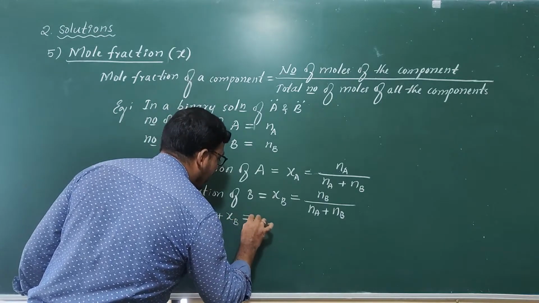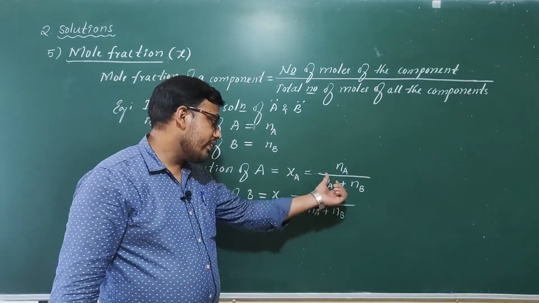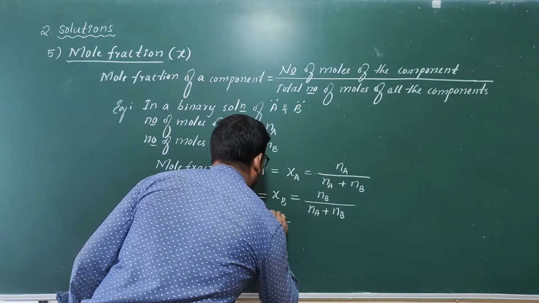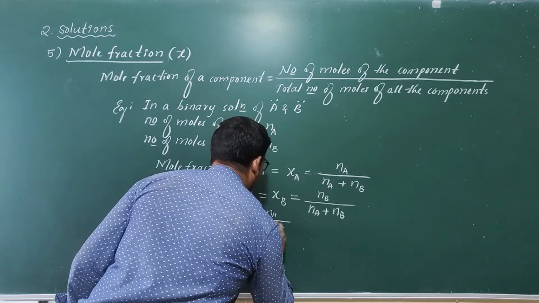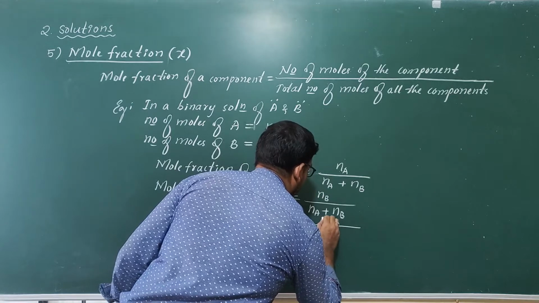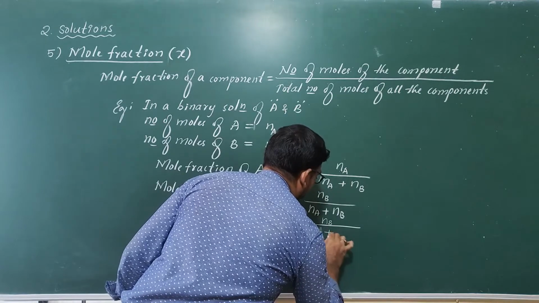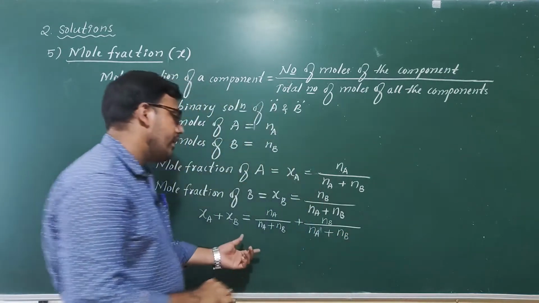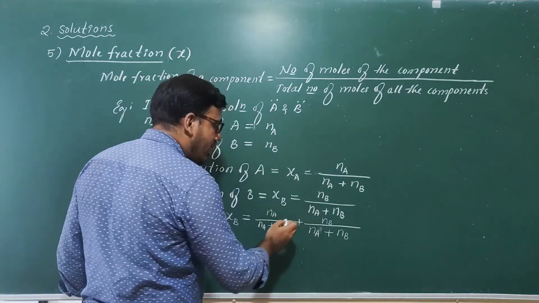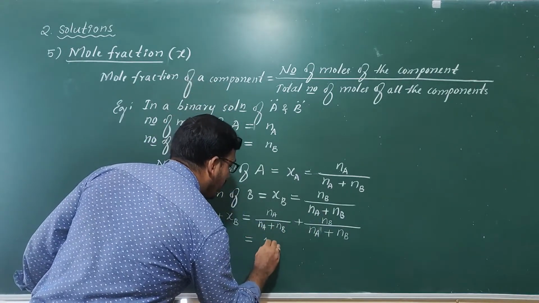Xa plus Xb is equal to Na divided by Na plus Nb plus Nb divided by Na plus Nb. Now as we have a common denominator here, in the numerator you will get Na plus Nb, and in the denominator also you will get Na plus Nb. So that's why this is equal to 1.